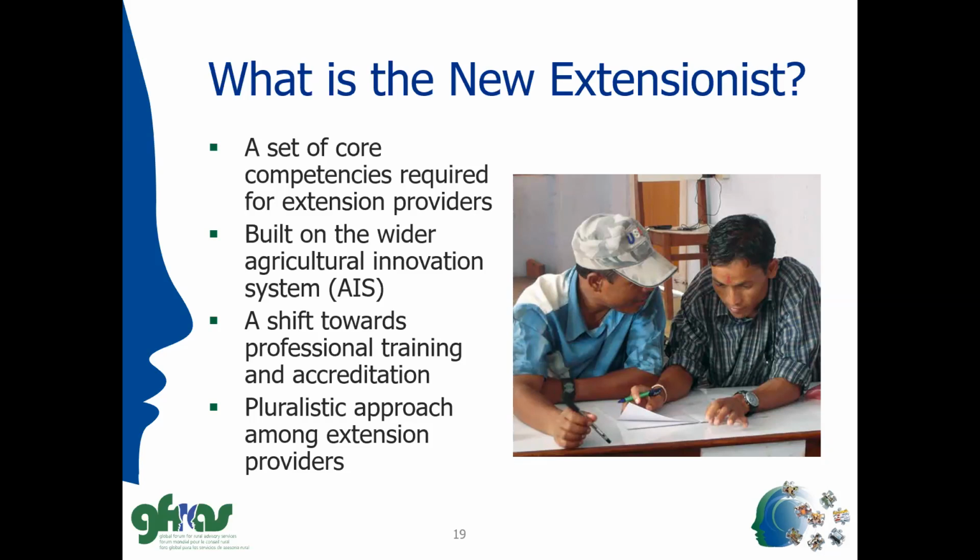We're pushing many of the countries and the country forums to go for registration and accreditation. Uganda Forum can tell you more about that, as well as the South Africa Country Forum. And we really take a pluralistic approach because in all the countries that we're working in, there's a multitude of extension providers, from the government to the non-government, civil society, farmer organizations, and even farmer-to-farmer extension. So we have a pluralistic approach of many different sectors providing advisory services.